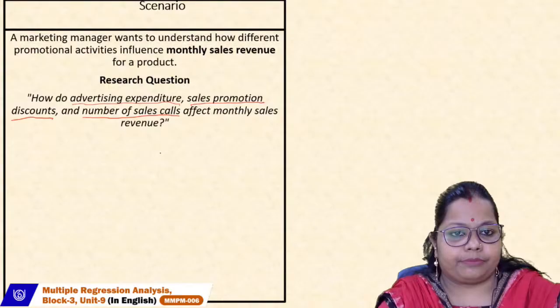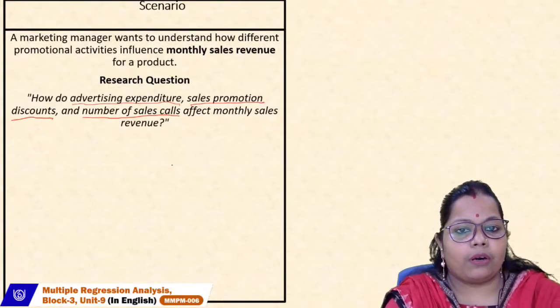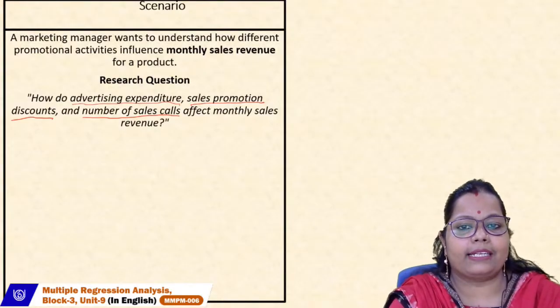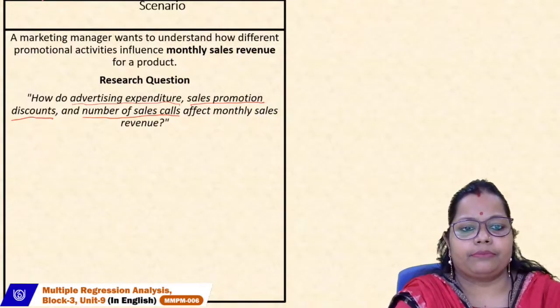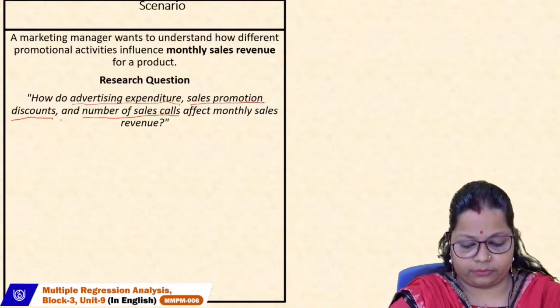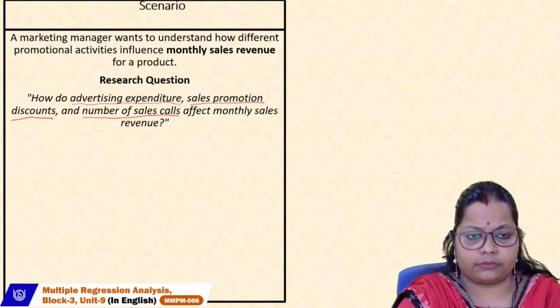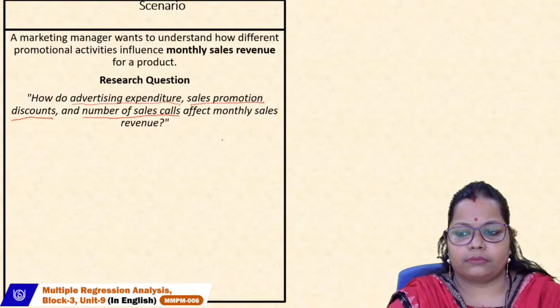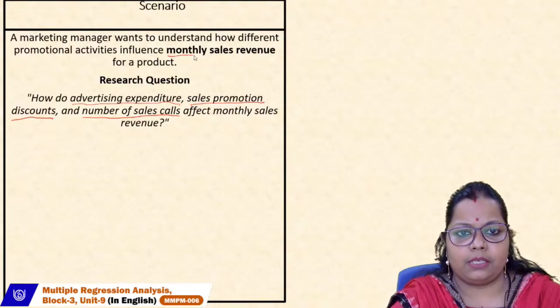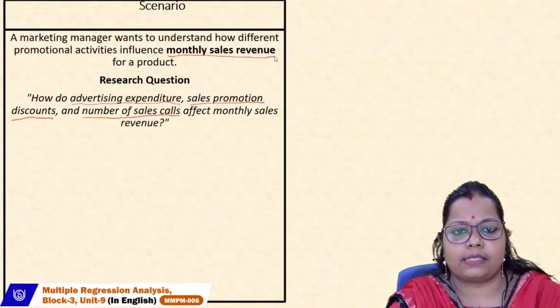So what are they? My question was how the different promotional activities affect this monthly sales revenue. What was monthly sales revenue?